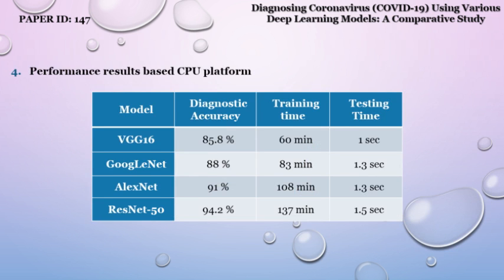As you can see from the table, the models are ordered ascending with respect to diagnostic accuracy, while descending in order of processing time. The processing results show that ResNet has the highest diagnostic accuracy, but is the slowest one.